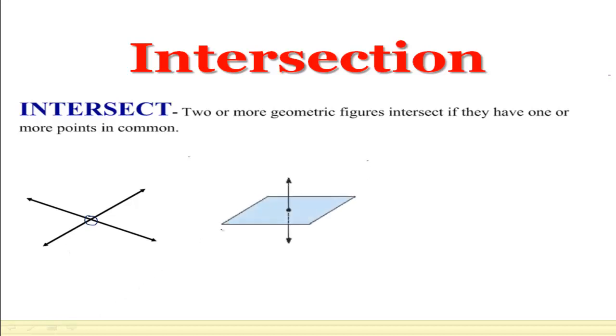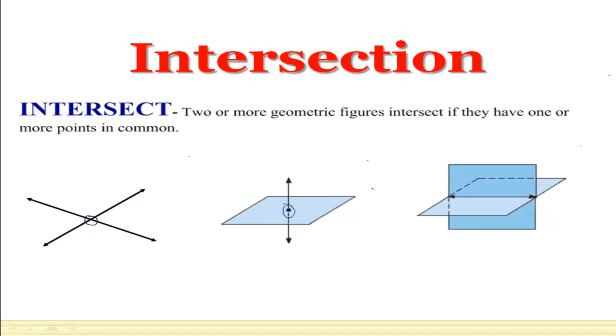We also saw, well, we didn't see this kind of intersection with the activity, but when you have a plane and you have a line intersecting the plane, this intersection between a plane and a line is also a point. This point is the only point shared between the plane and the line.